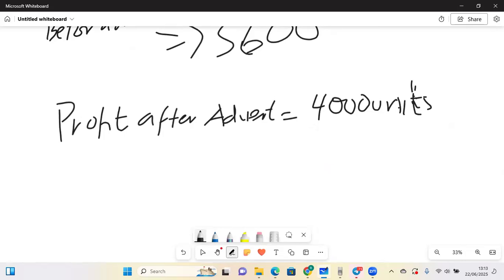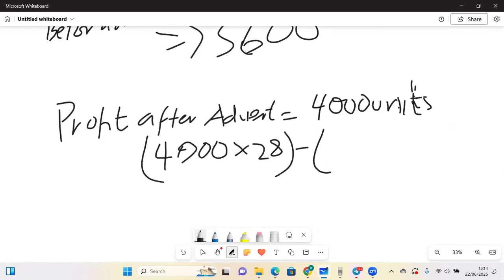So it is going to be 4,000 times the same contribution, which is 28, minus the fixed cost, which has now become 84,000 plus the 10,000 advertisement.